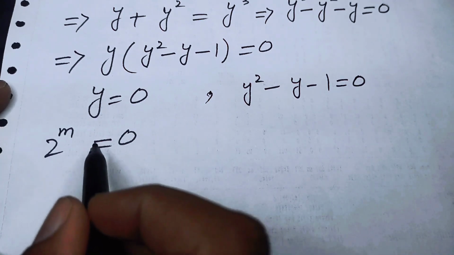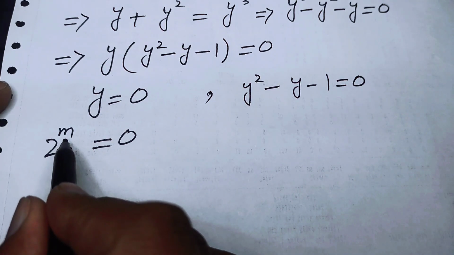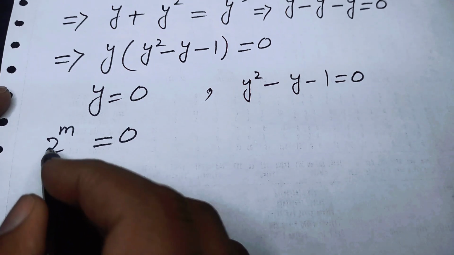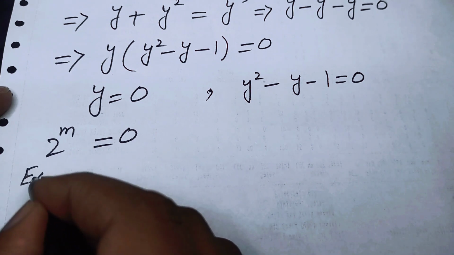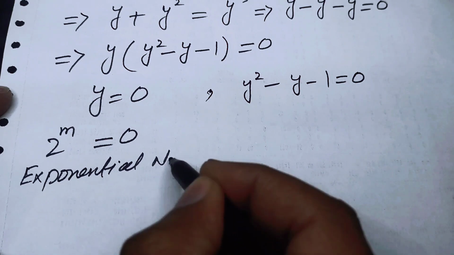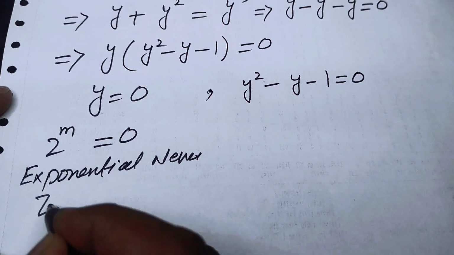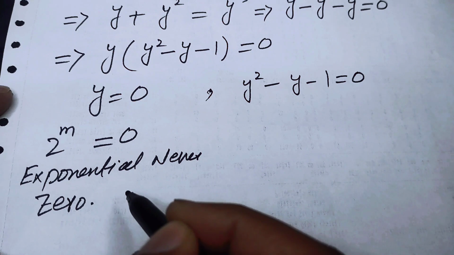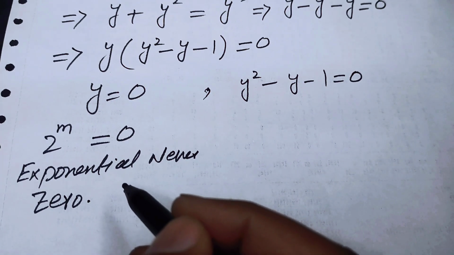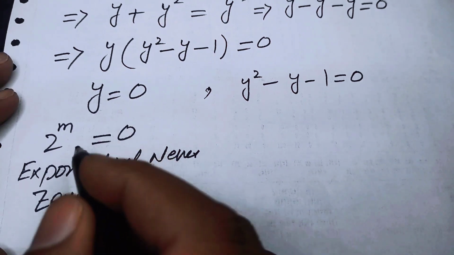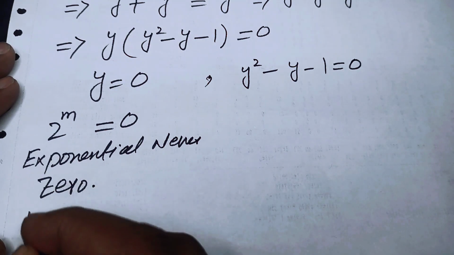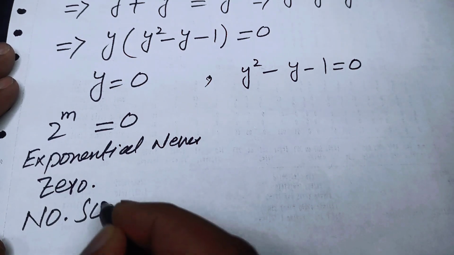You know that 2 to the power of m is an exponential function, and you remember that an exponential function is never 0, and it always gives us a positive value, so this term gives no solution.